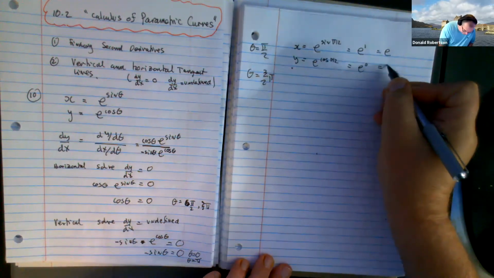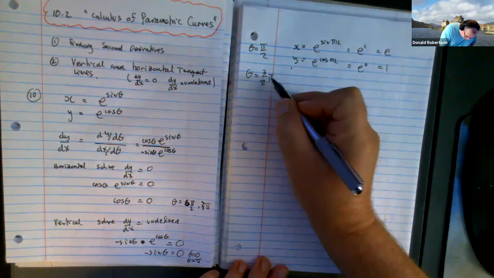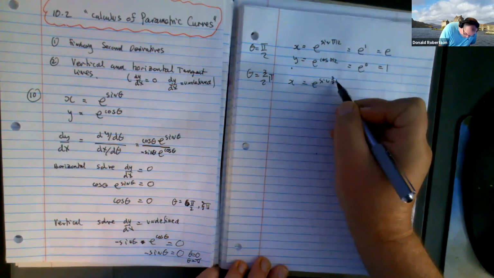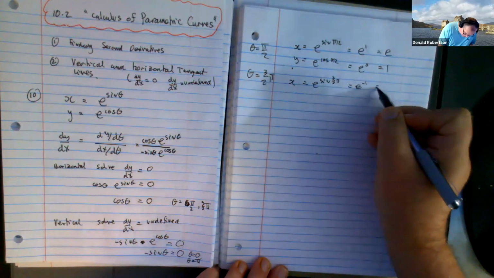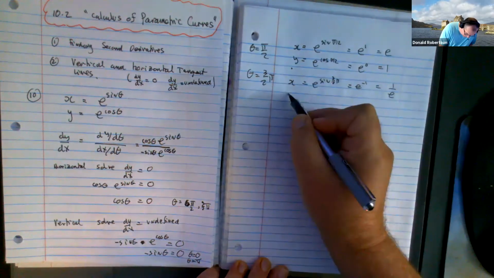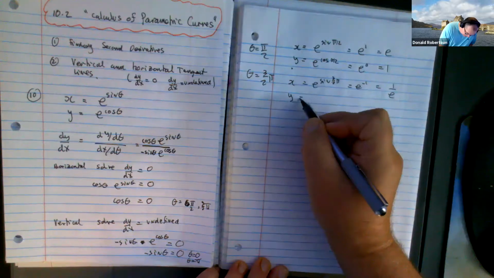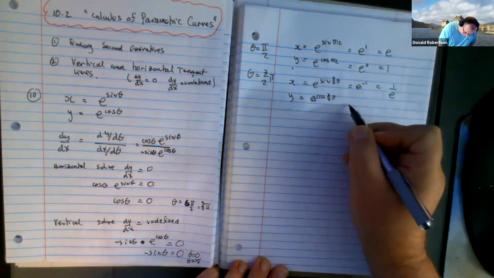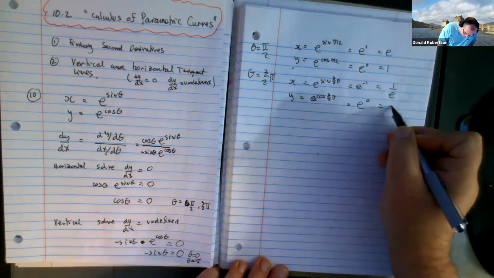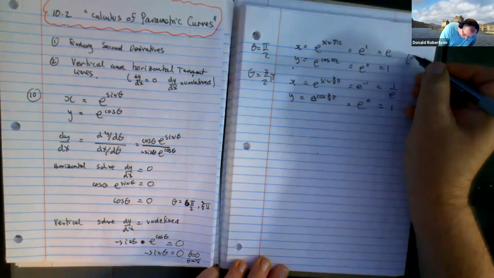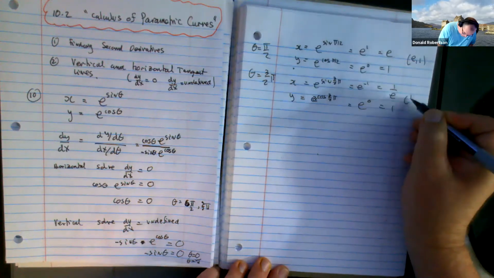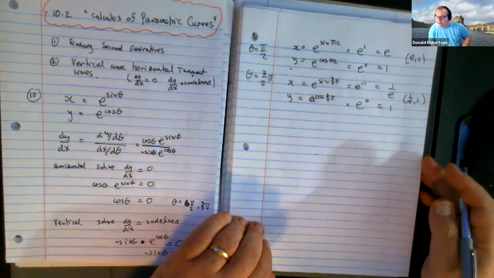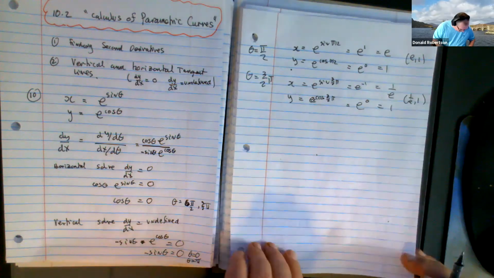So that's 1. And then at 3 upon 2 pi, you're going to get e to the sine of 3 upon 2 pi. That's e to the negative 1. And y is going to be e to the cosine of 3 upon 2 pi, which is still 0, which is just 1. So in this one, you get coordinates (e, 1), and in this one, you get that coordinate. If you're comfortable, then you can figure out which one goes where, and you're done.